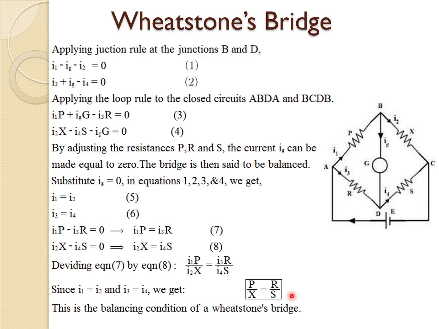This principle is used in resistance measuring devices like the meter bridge. For the purpose of resistance measurements, the Wheatstone's bridge is constructed in several forms. One of the common forms is the meter bridge.